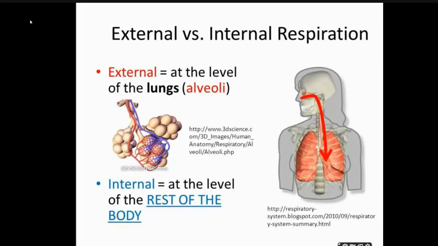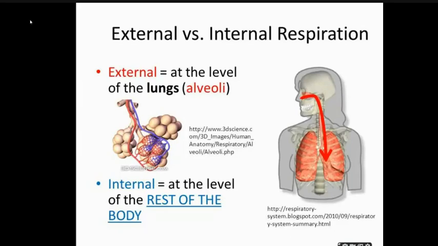Now, what is the purpose of respiration? The purpose of respiration is to oxidize your food. So the actual purpose is served in the internal respiration. Internal respiration is a chemical process where the food will oxidize.